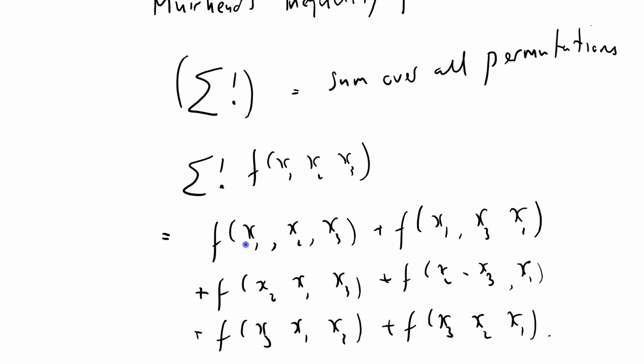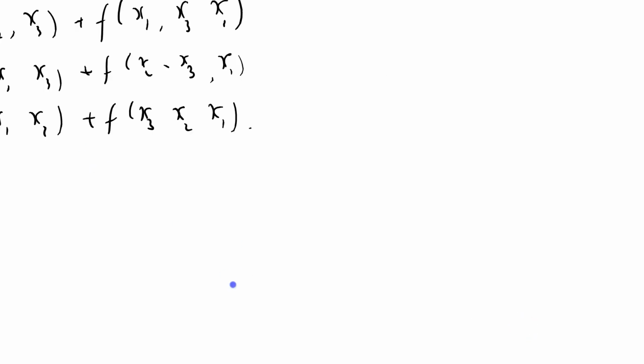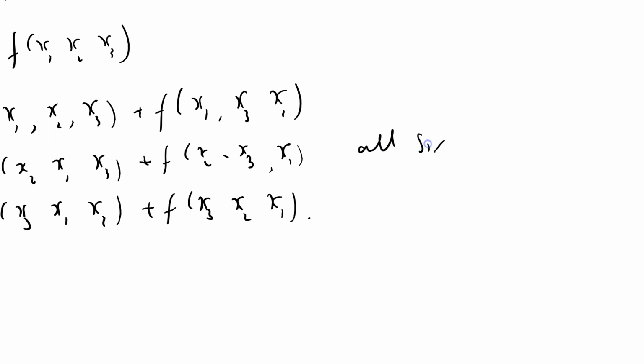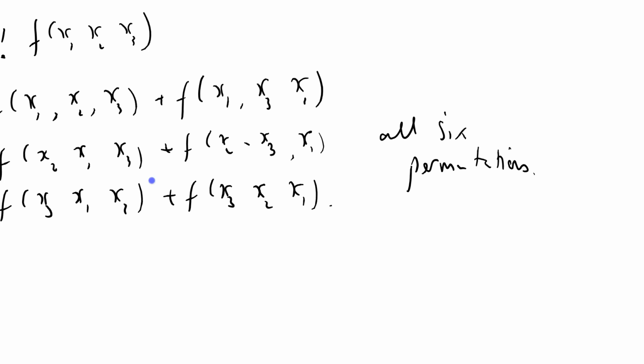So it's all six permutations of the three arguments. Okay, so that's what that means.